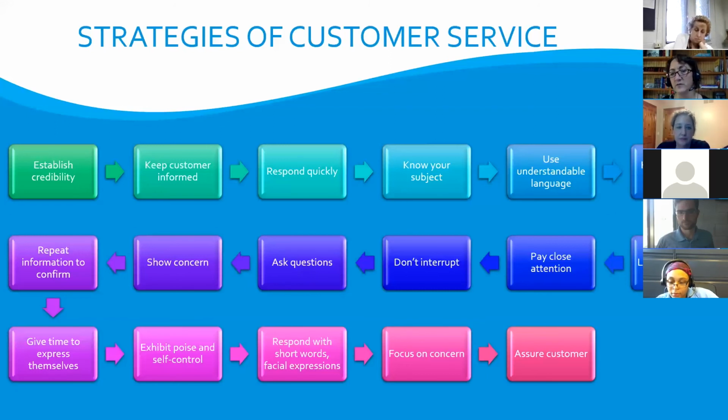Listen attentively. We've talked about that. Obviously, you want to exhibit all the signs that you're listening attentively, but you also want to actually do that, right? Pay close attention. This is clearly very related to listen attentively, but for me, I'm what I call a tactile listener. If you're going to be saying something to me that's highly technical or that includes a lot of details that I'm going to need to refer to, I'm going to be writing when you're talking.